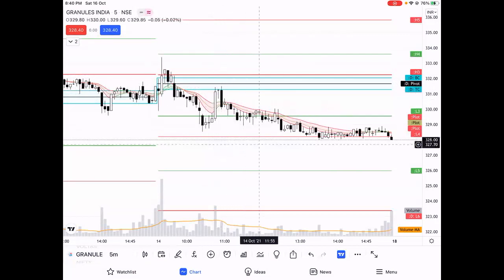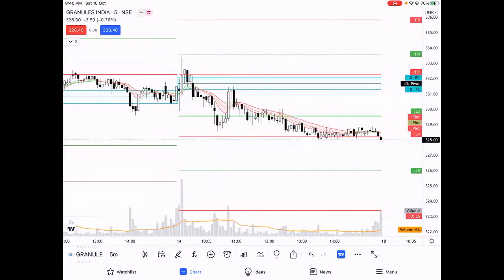And it again reversed. So technically you could see that this whole day, up till the first 2 hours, it was entirely stop loss hunting on both sides. Hunted on the upside, hunted on the downside, again hunted for stop loss, or you can say just a flush of weak hands, right?